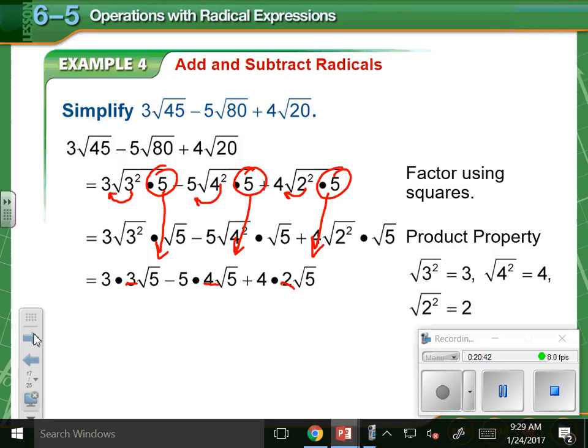That's just a 3 and a 4 and a 2. So we end up getting 9 root 5, negative 20 root 5, and 8 root 5.